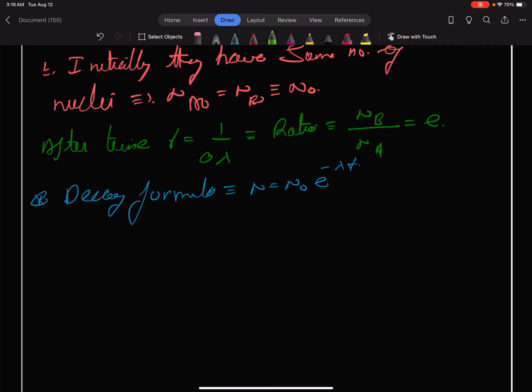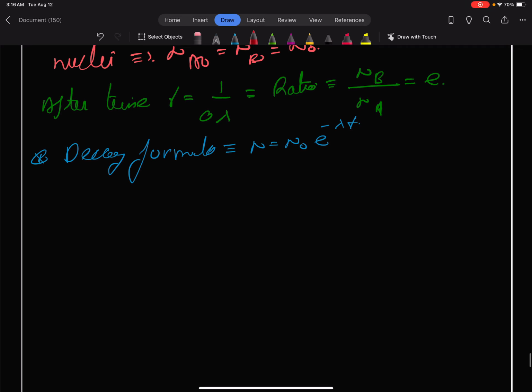We have two substances, so we can write the formula in two parts. Na is equal to Na naught e raised to power minus 25 lambda t, and Nb is equal to Nb naught e raised to power minus 16 lambda t.